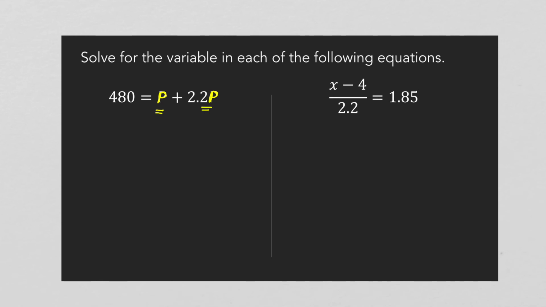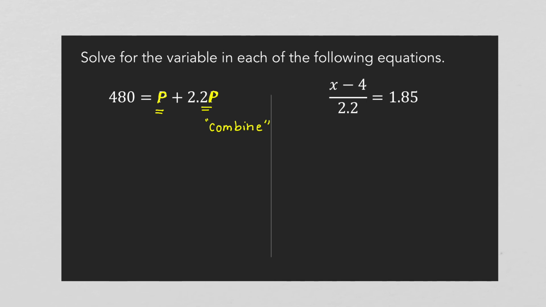Our first step, then, is we need to combine those two variables together so that I have one expression involving p. Now, do you remember from long ago in a previous algebra course, how do we combine two variables together? Yes, we add the coefficients.